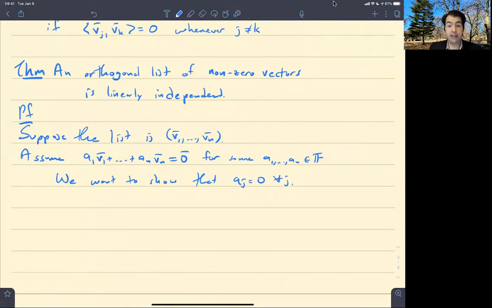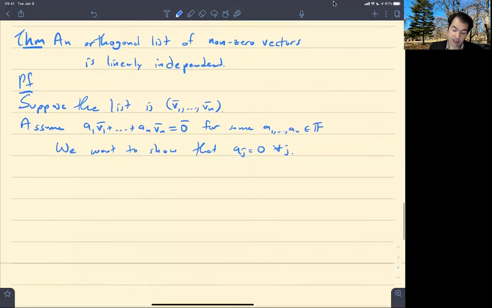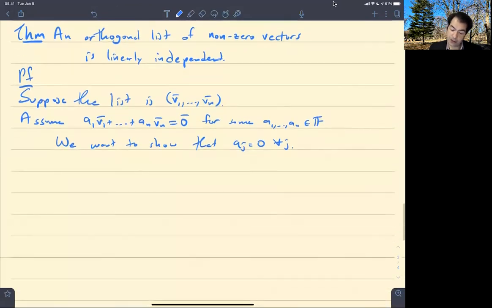So we take a linear combination equal to 0. We want to show that it has to be the trivial linear combination. In this case, it turns out we can show that the coefficients are 0 one at a time. We have this vector, and we're studying inner product spaces, so we clearly should take the inner product of this vector with somebody.